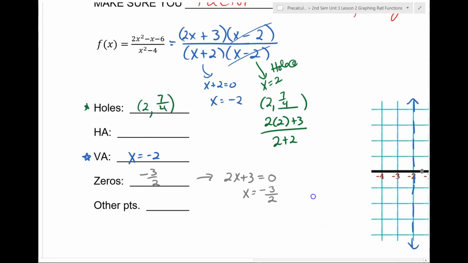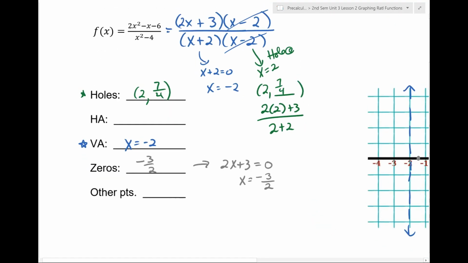All right, horizontal asymptotes. How do we find the horizontal asymptote again? Where do we look? The degrees. I look at these two right here. What's so special about their degrees? They're the same. So which scenario is that?